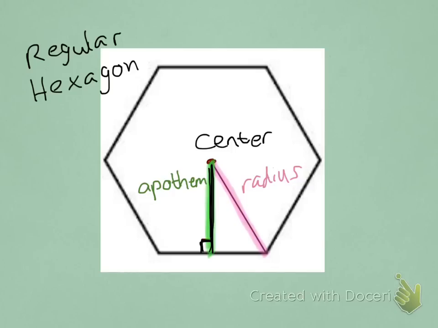Let's see, what else do we have here? We have just a normal side length, right? This is just called the side. No special name there. The only other thing that you're really going to see is this thing called a central angle. If I'm going from the center here and I create a triangle, then in the center we've formed an angle, which I'm highlighting in blue here.